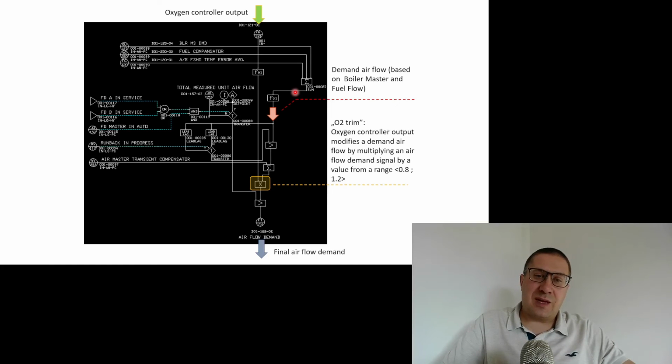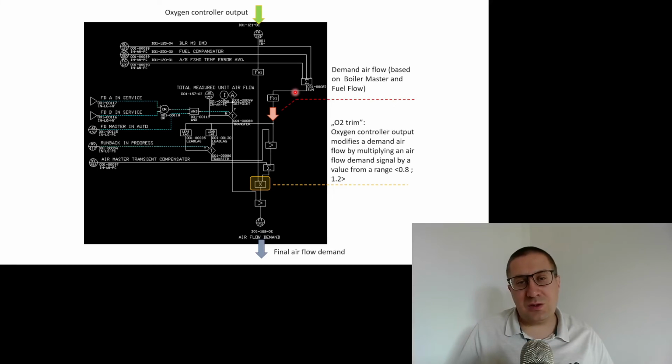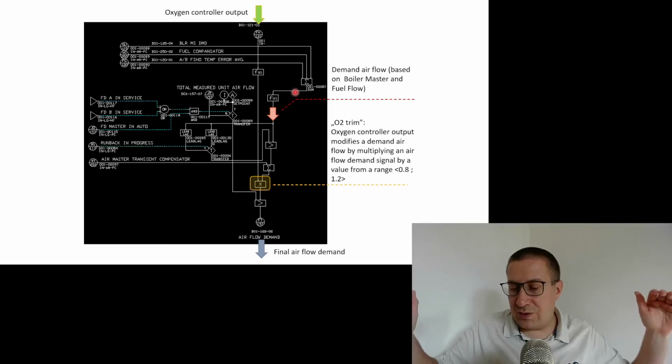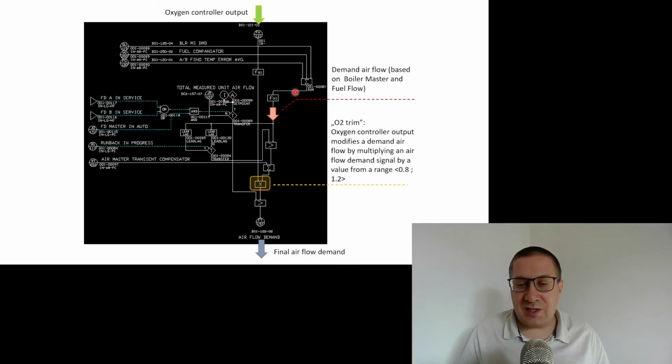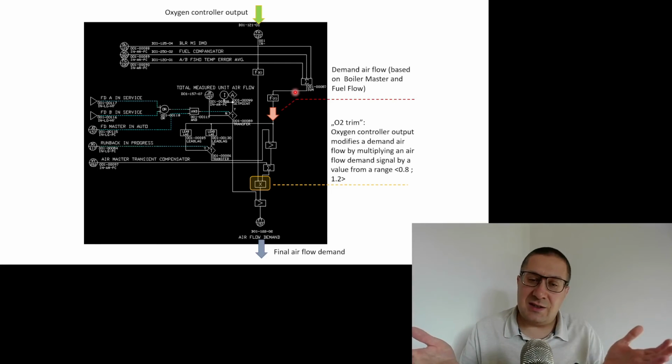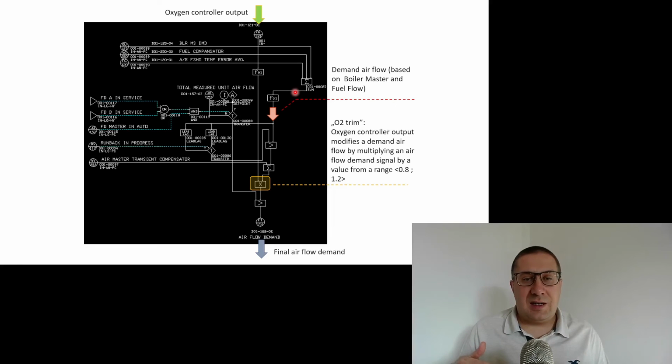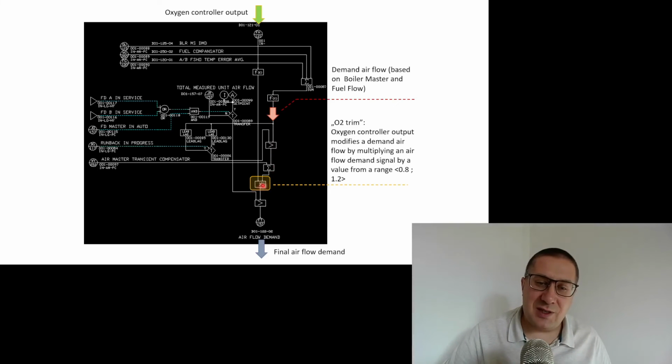So it is based on the load of the boiler, right? The higher the load, the more steam we are producing, and the more air we have to pass to the combustion chamber. This is obvious. But if we see that we do not have enough oxygen, we will even multiply this value here.